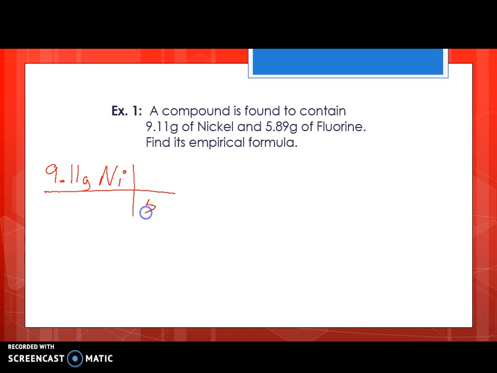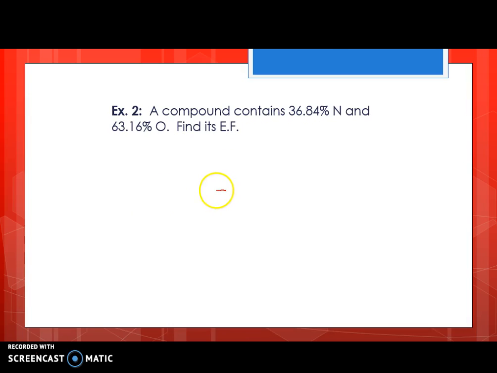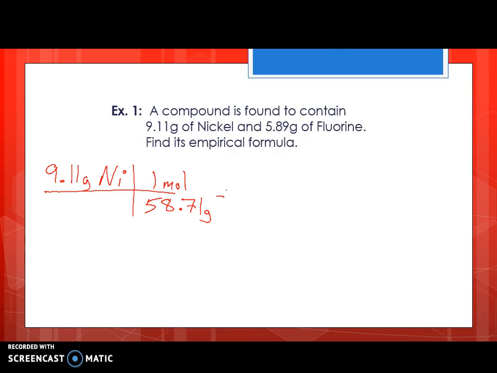Nickel has a molar mass of 58.71 grams per 1 mole. Plug that into my calculator: 9.11 divided by 58.71 is 0.155, and that's moles.